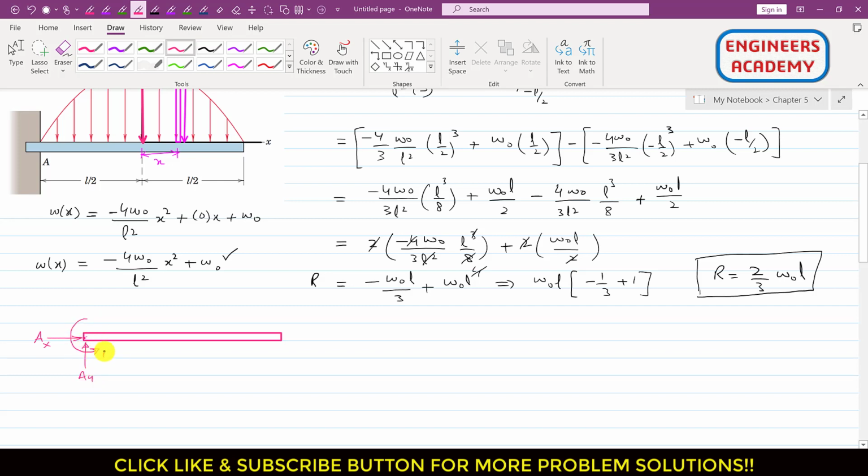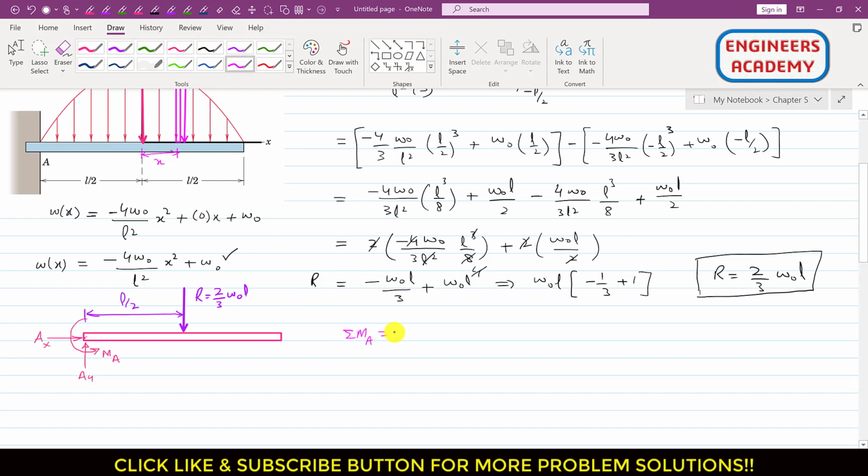So let's say this is MA, right? And at the midpoint of this beam, we will have that resultant, right? This is that R, which is represented by 2 divided by 3 omega naught L, and this length is L divided by 2, right?